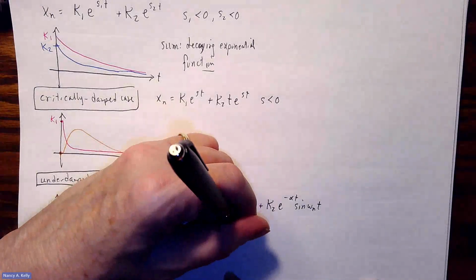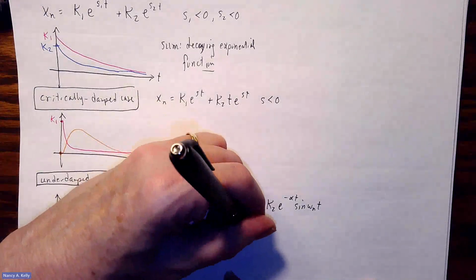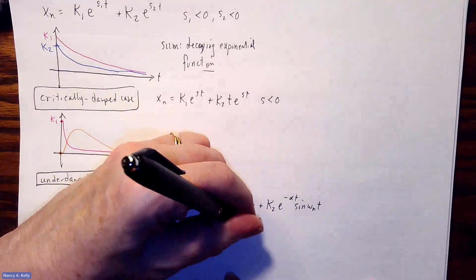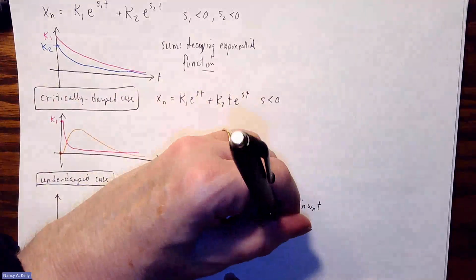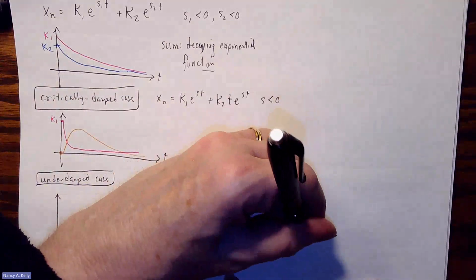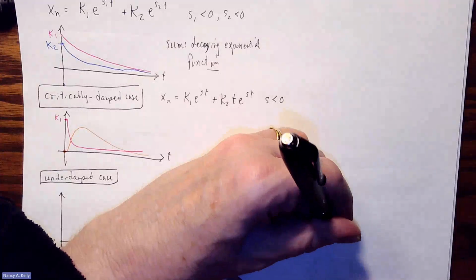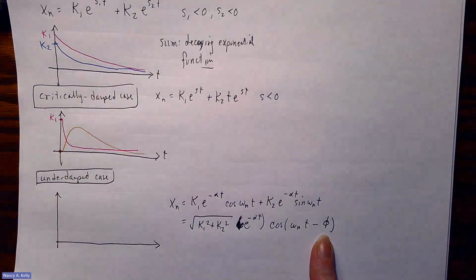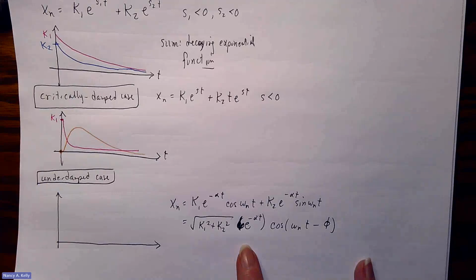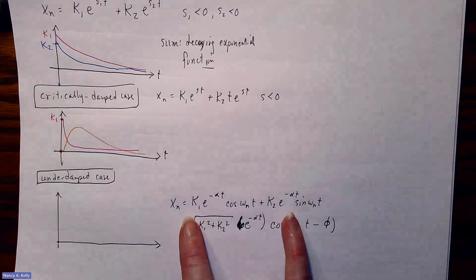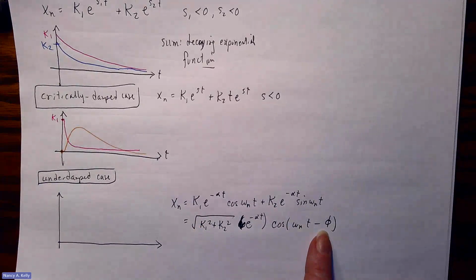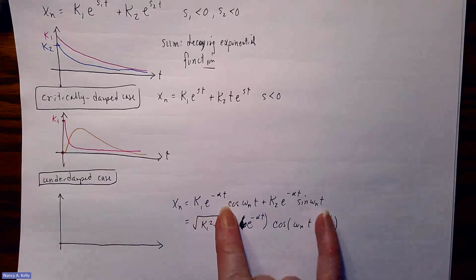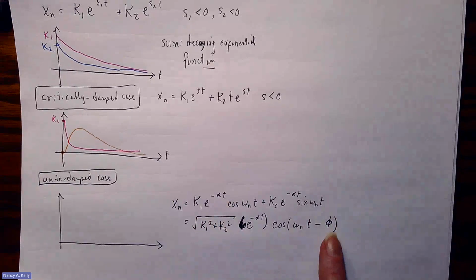Times e to the minus alpha t, I forgot about that, that's a term, okay? And then cosine omega sub n t minus a phase angle, okay? I will not discuss the details of how we get the phase angle, but just some phase angle, okay? The phase angle basically has to do with K1 and K2, okay? But I'll just say it's a phase angle. It's a shifted version, because that detail doesn't matter right now.